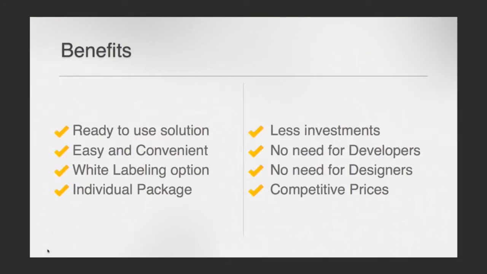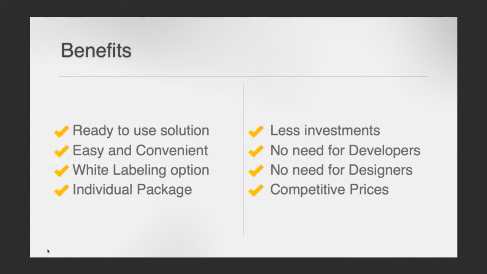So what kind of benefits will you get if you have an enterprise solution from viewneo? Well, first of all, you will get a ready-to-use solution. That means that you don't need any kind of developers or designers. So that means that you will have less investments. And also the whole enterprise solution is very easy and convenient.